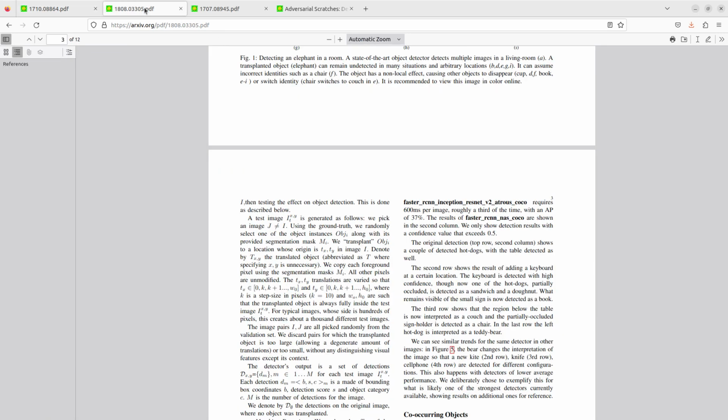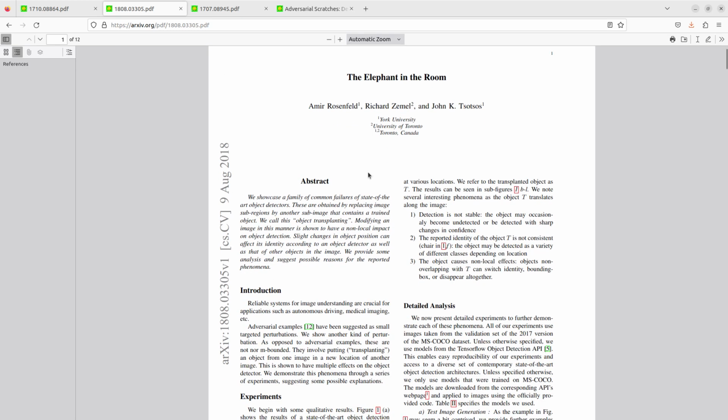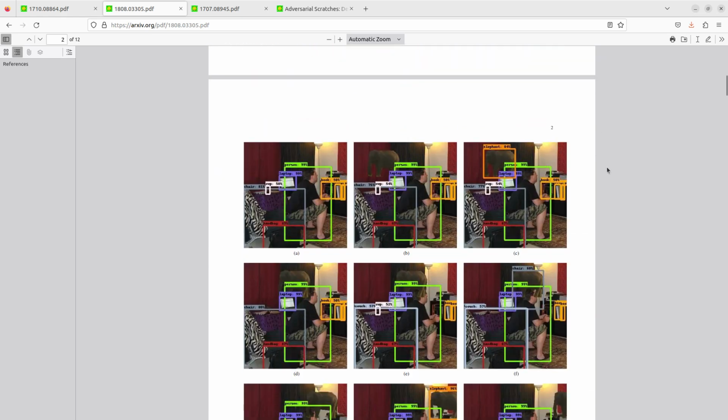Another similar example is this paper called The Elephant in the Room by some authors with very good sense of humor. Both this paper and the previous one are from 2018, and all the papers that I'm commenting here are available on archive. Here you have the reference. These guys used a system for object detection, okay?